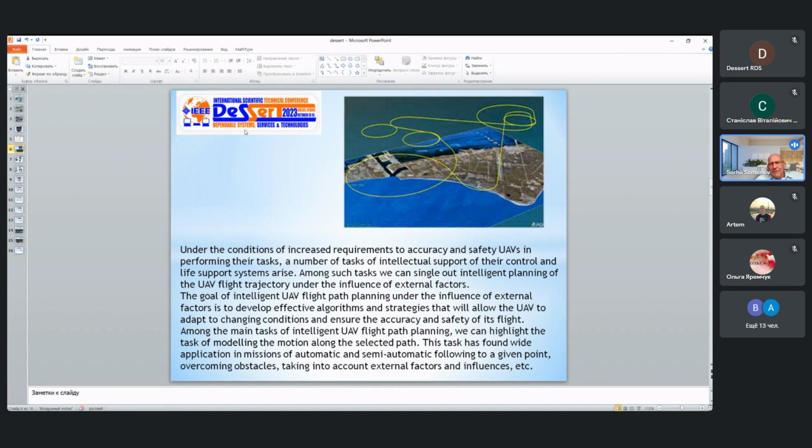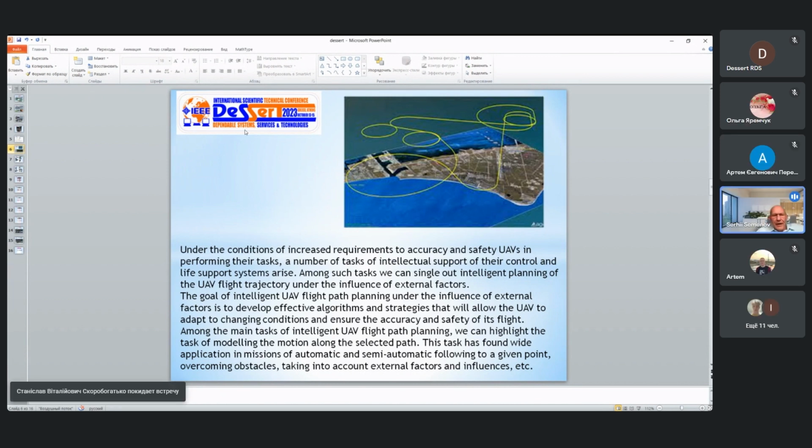Among such tasks, we can single out intelligent planning of the UAV flight trajectory under the influence of external factors. The goal of intelligent UAV flight path planning under the influence of external factors is to develop effective algorithms and strategies that will allow the UAV to adapt to changing conditions and ensure the accuracy and safety of its flight.